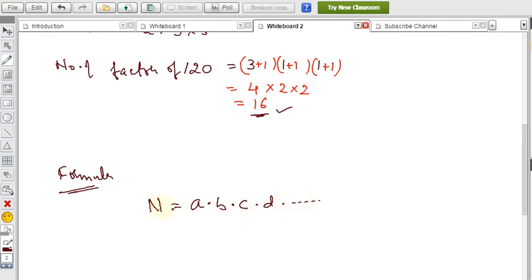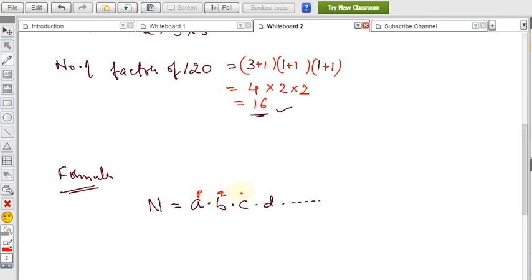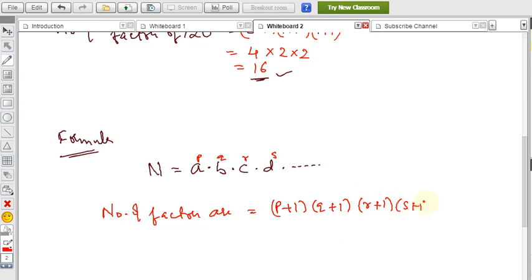Now the powers are p, q, r, s. If n is equal to a power p into b power q into c power r into d power s and so on, then the number of factors is p plus 1 into q plus 1, because we add only 1 to all the powers, and we multiply, into r plus 1 into s plus 1 and so on. So this we can write as a formula.